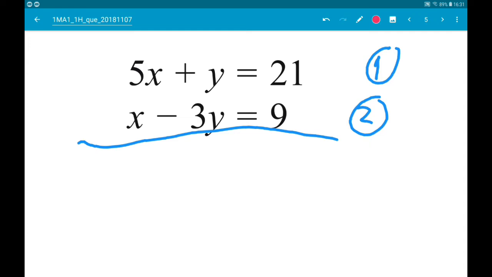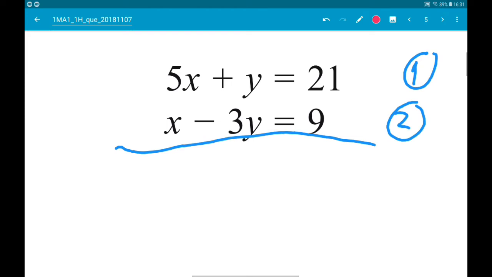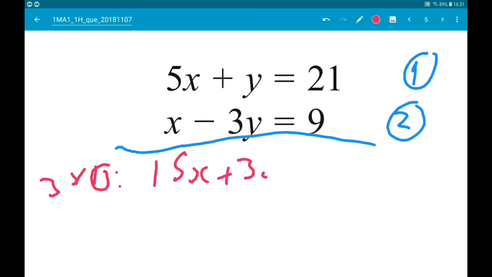So, I'm going to multiply equation 1 by 3. Now, that is going to give me 15x + 3y = 63.